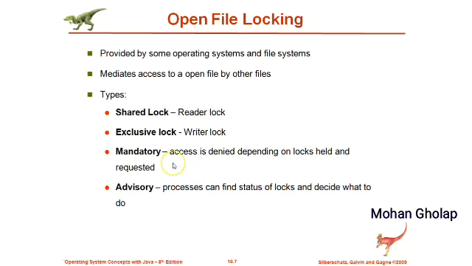But advisory means it is optional. If a particular file has an advisory lock, then the processes can find the status of the locks and the process may decide what to do. That is why this is the advisory lock.